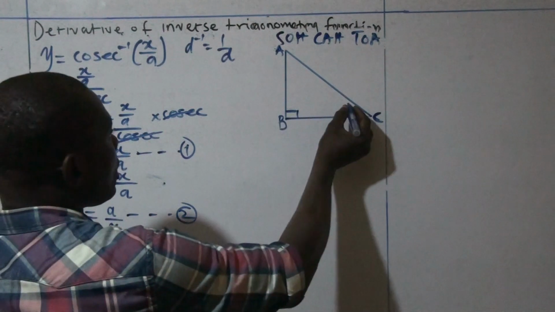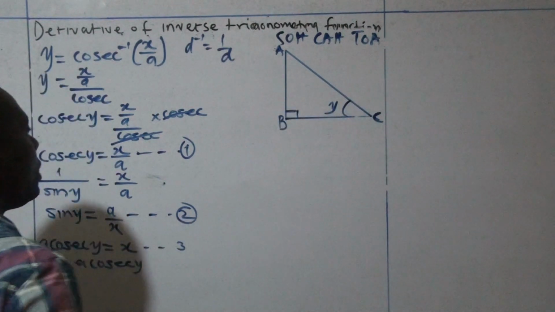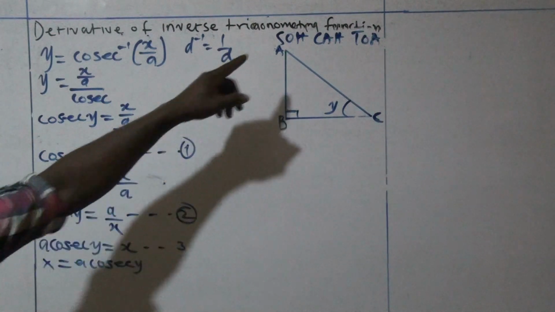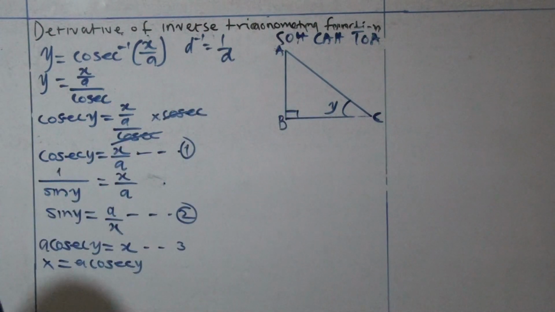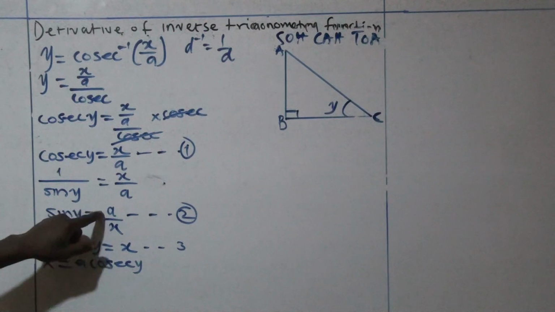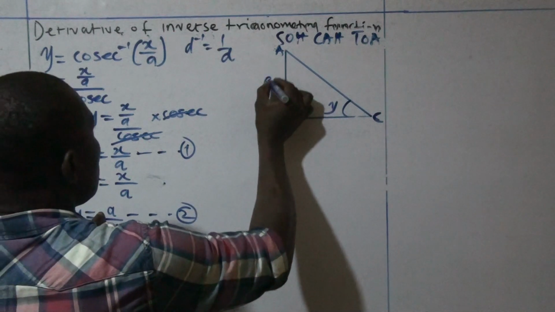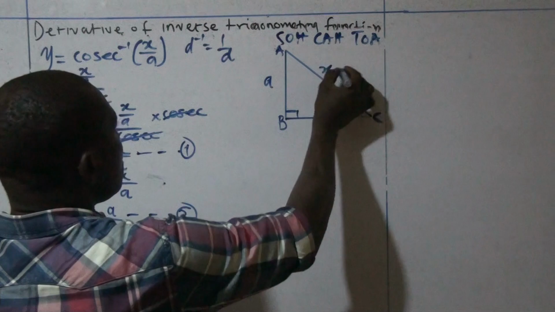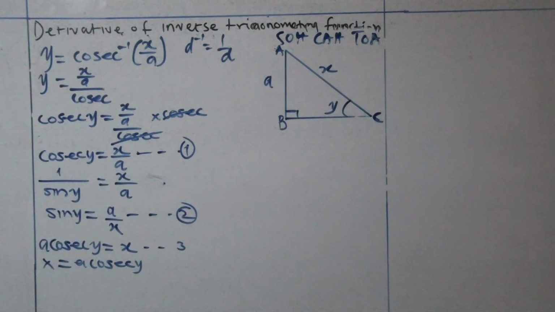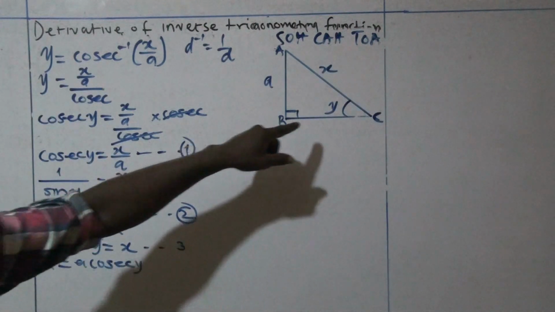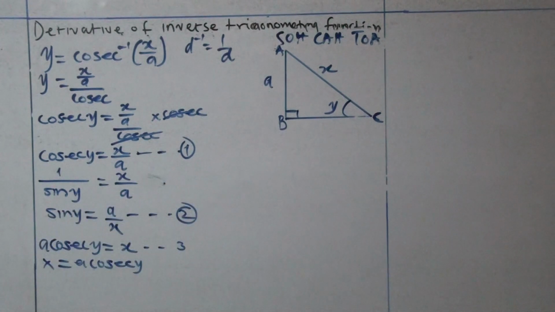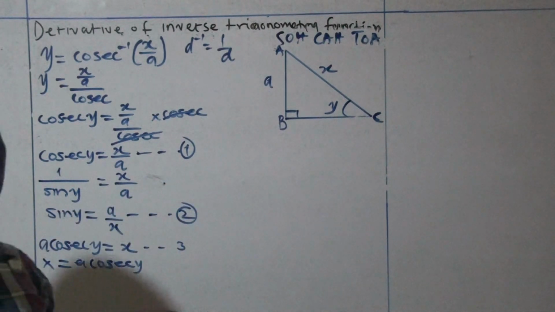Then we will use this fact to establish our relationship here. If this angle is y, then sine is opposite over hypotenuse. Opposite is a, and our hypotenuse is x. So there is need for us to find an expression for this by using Pythagoras theorem.